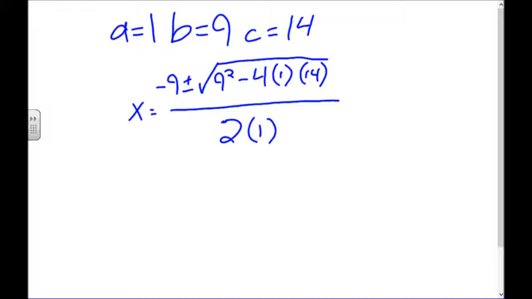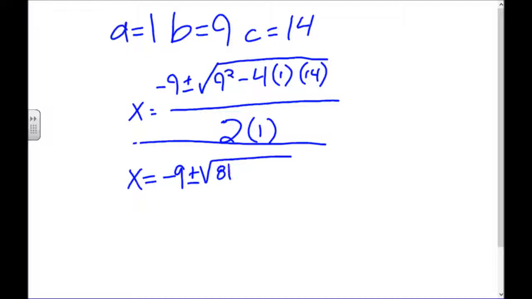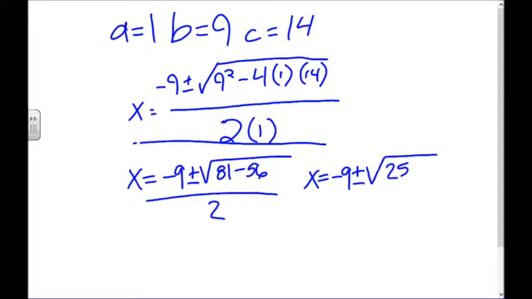Again, this is Tori, and I'll be finishing this problem. First, you have to simplify all of this. So you do x equals -9 plus minus the square root of 81 minus 56 over 2. 81 minus 56 is 25, so you write x equals -9 plus or minus the square root of 25 over 2.